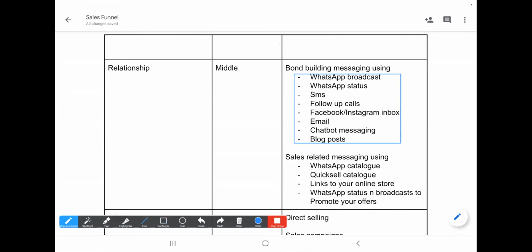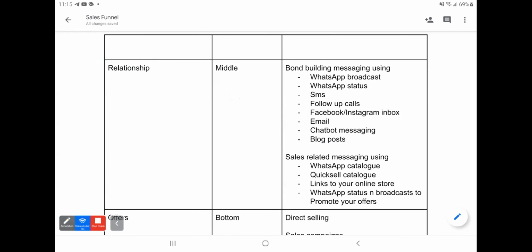So the purpose of doing this is to build relationship with the audience whose contacts you are gathering.